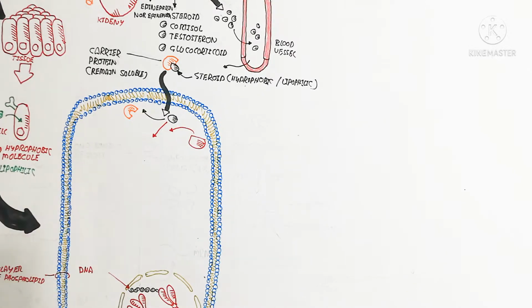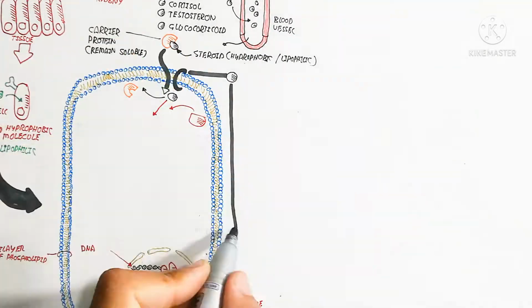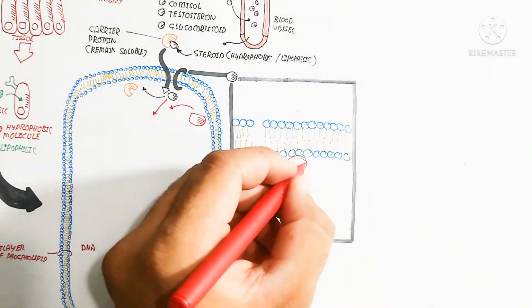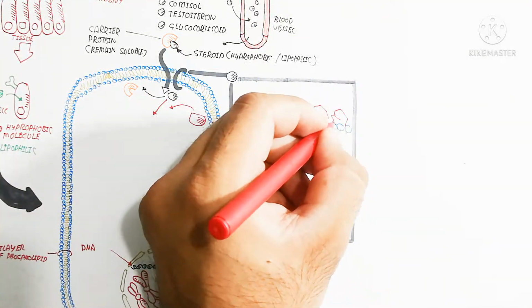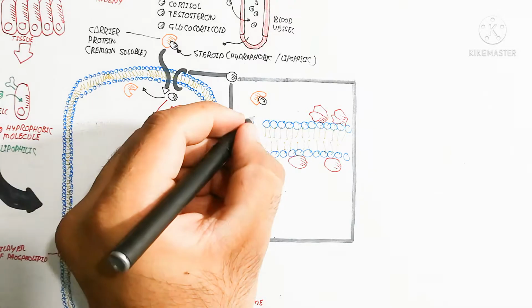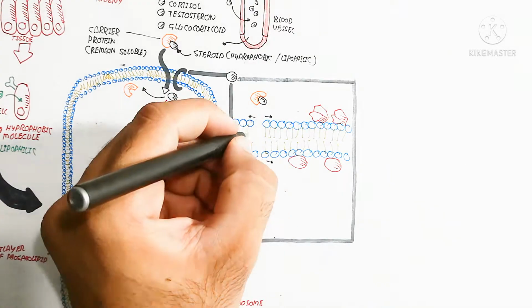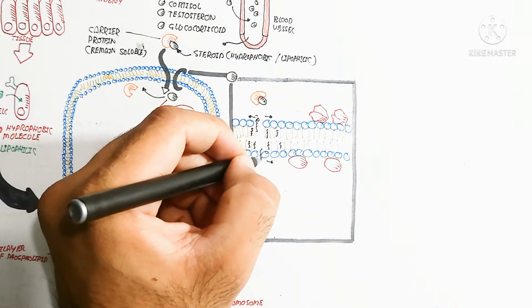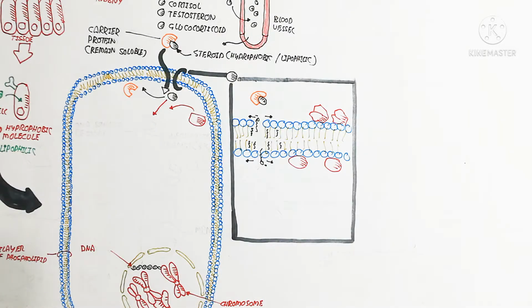It allows this molecule to move into the cytoplasm. After this movement into the cytoplasm, a second carrier protein will bind with this molecule, and a conformational change of this protein occurs, from 3 degree to 4 degree. It means the DNA binding region is formed.